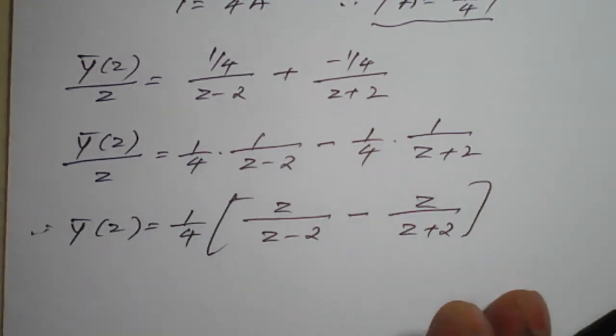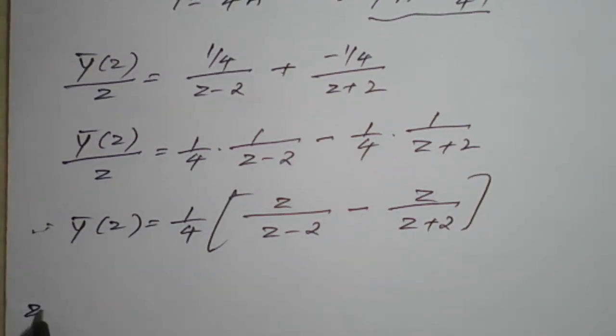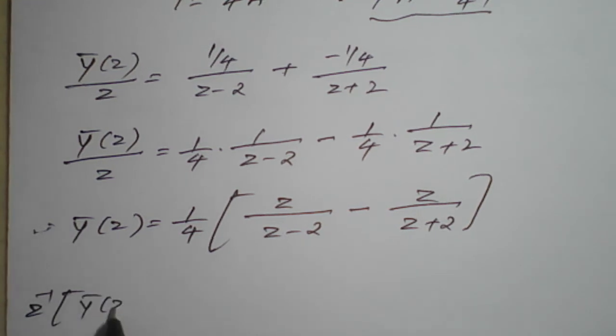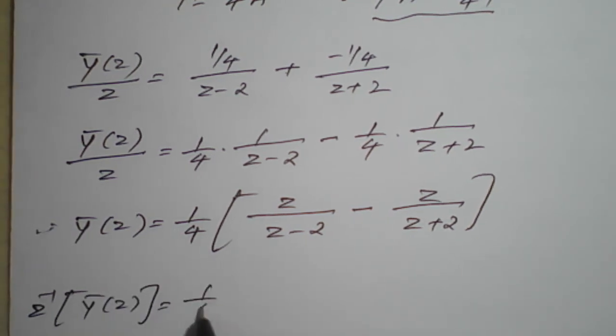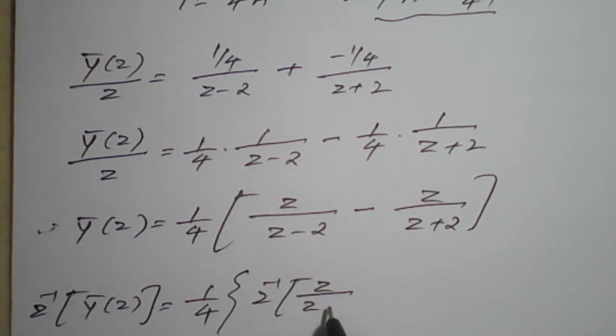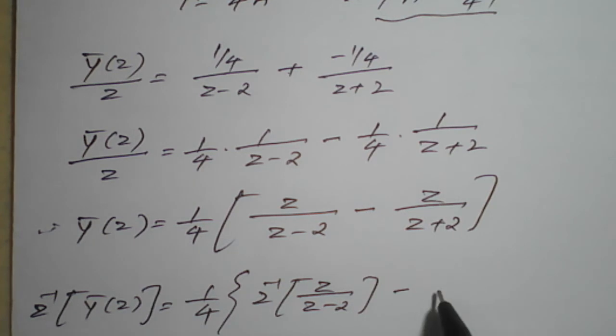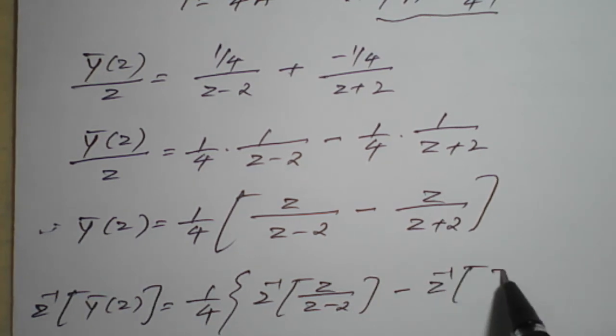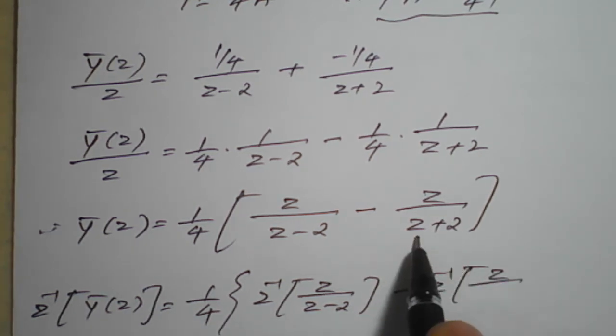So on taking z inverse on both sides, z inverse of y dash of z is equal to 1 by 4, which is a constant, times z inverse of z divided by z minus 2 minus z inverse of z divided by z plus 2.